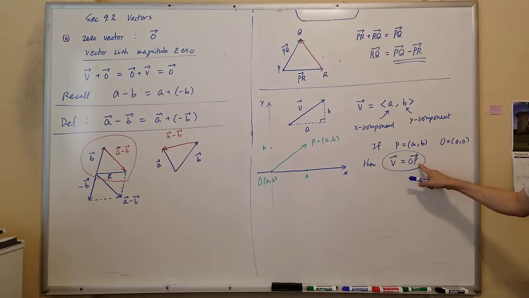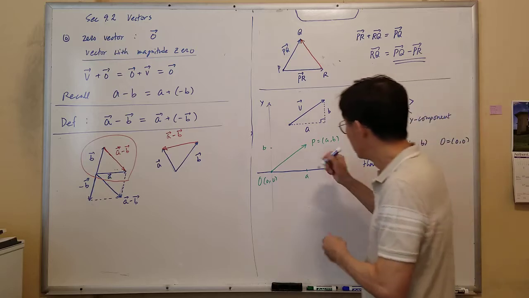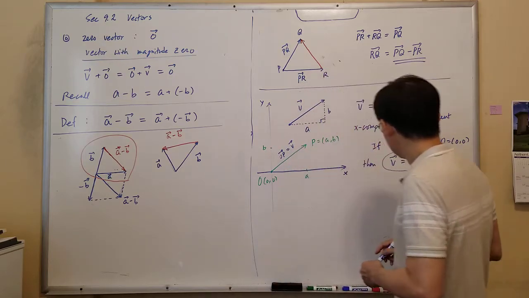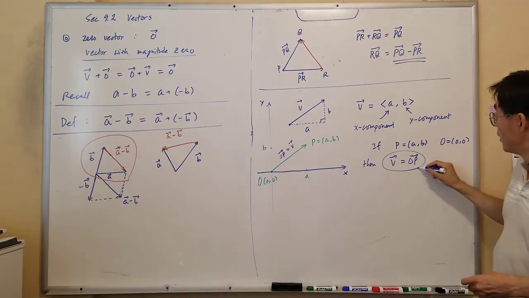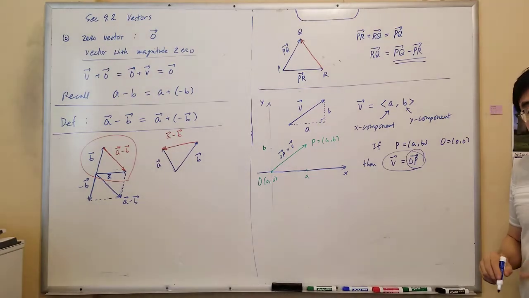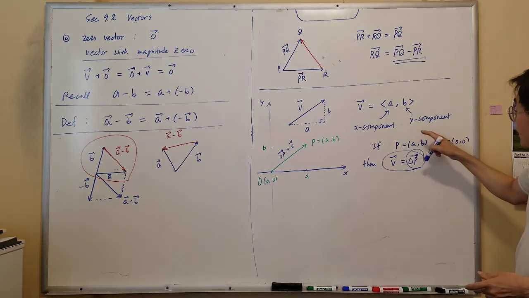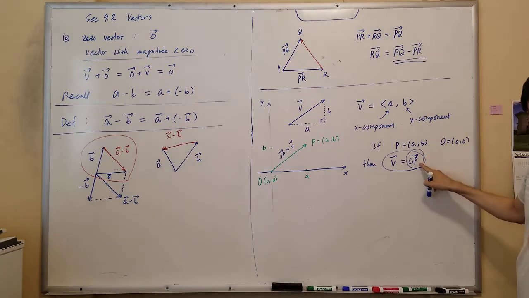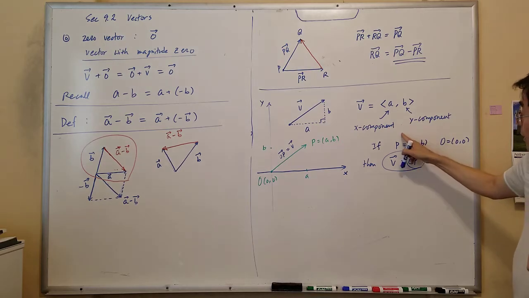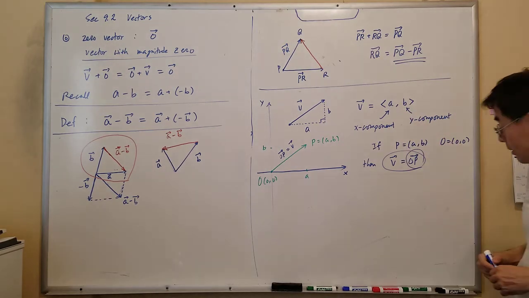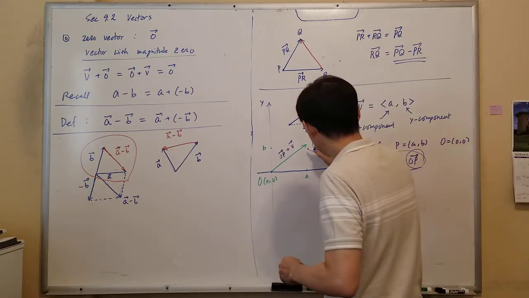So the OP vector equals v here. So if you draw a vector with the initial point at the origin, then the x, y coordinates of the terminal point are exactly the x, y components of the vector. Alright? That's what you see here.